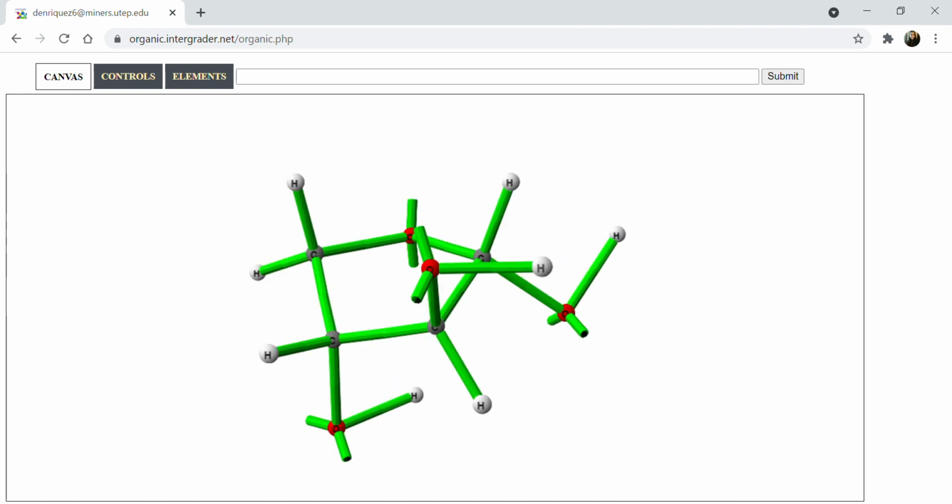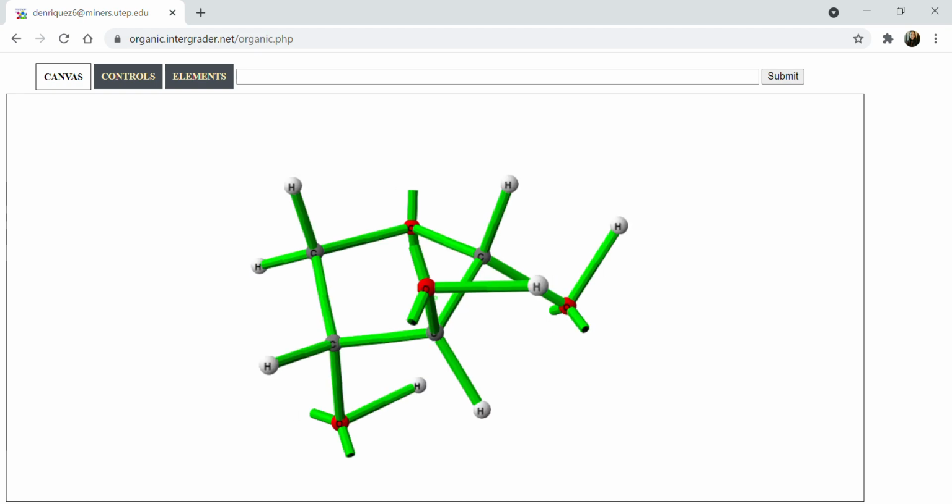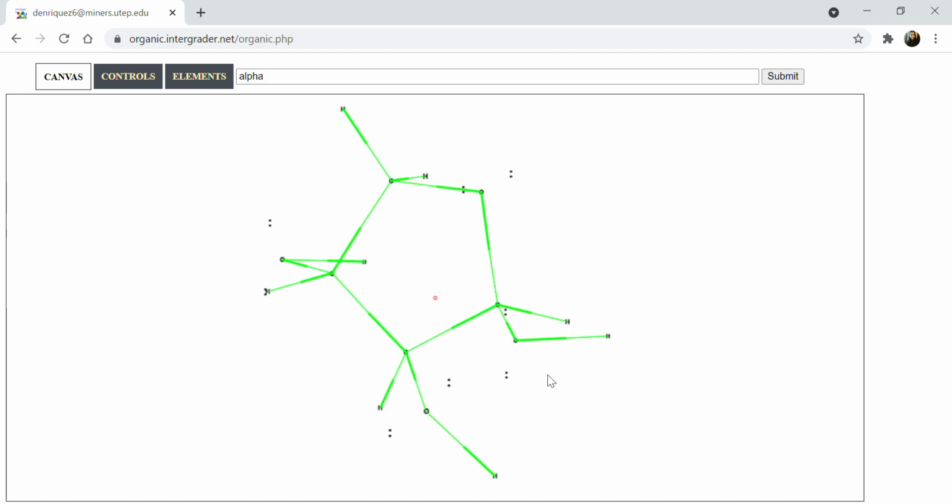Okay. I'm guessing this is threose. So this one is facing down, so it would be alpha. And then we jump to this one, and it's facing up.